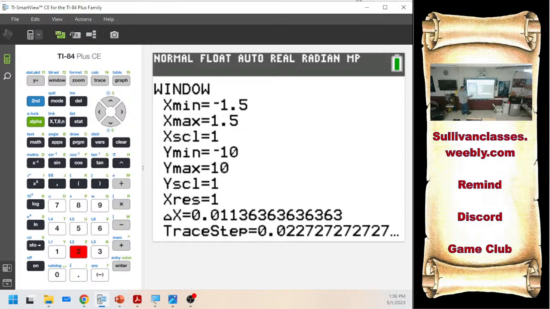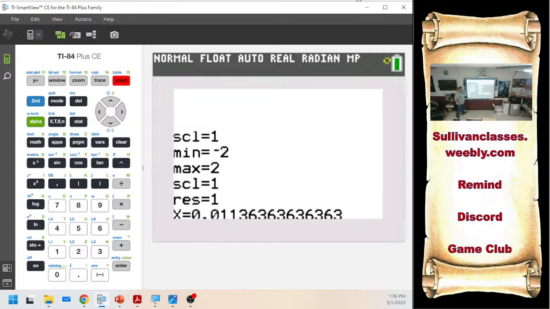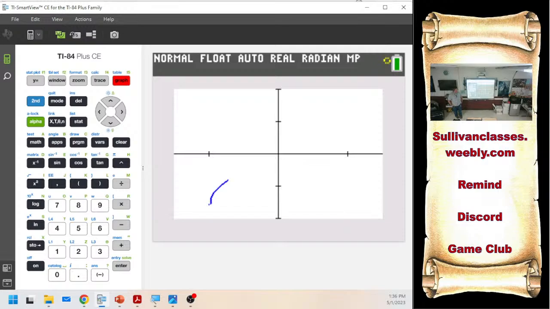So what if I went to like negative 2 and 2? And then look at it? Okay. So basically, in order to graph your periodic functions on a graphing calculator, you kind of got to know how to graph them anyway. So it's easier to just do it yourself.